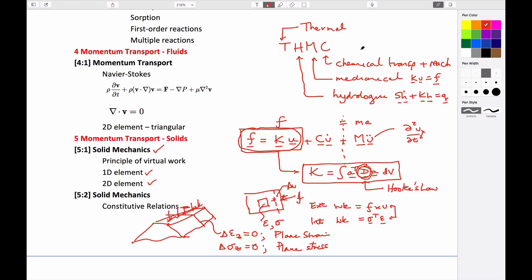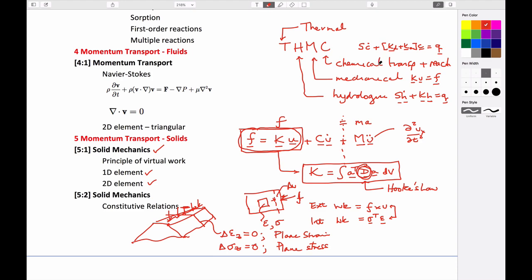Chemical transport, the relationship is something like, we've just drawn it on the previous page, it's something like storage times rate of change of concentration plus a conductance matrix for diffusion and a conductance matrix for advection, which operate on concentrations, and these are equal to mass flow rates, fluxes.